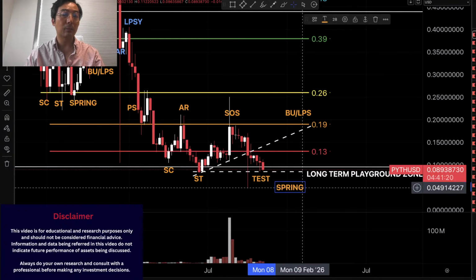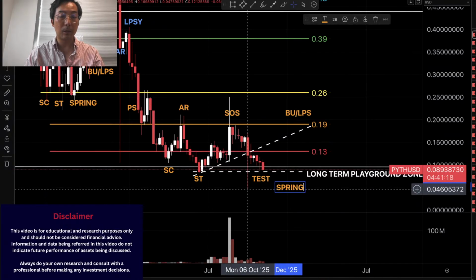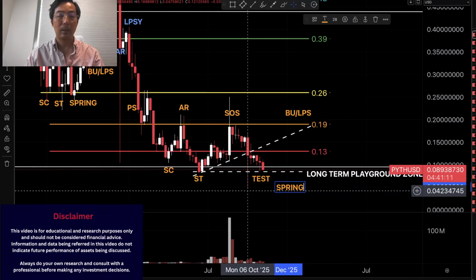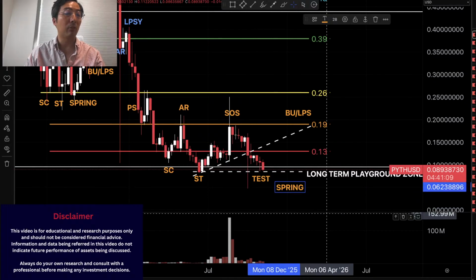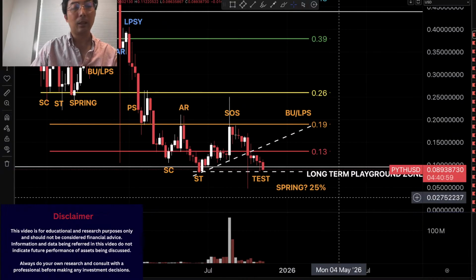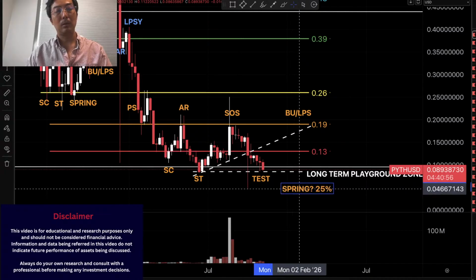The reason I'm saying this is because on October 10th, the drop on that day went all the way to somewhere near 4 cents. So it was only half the price of where we currently are. I don't hope that happens, but there's a chance for that to show up.